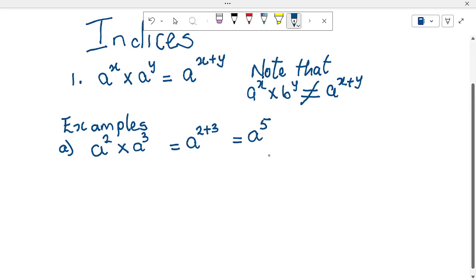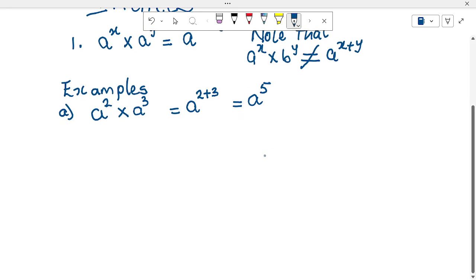We're going to take another example. Let's call this example B. For instance, we have x raised to power 6 times x raised to power minus 4.